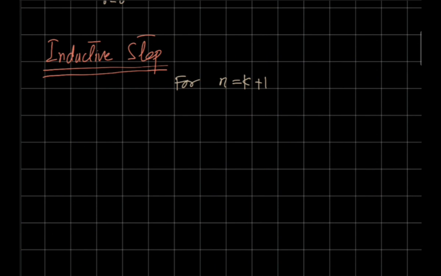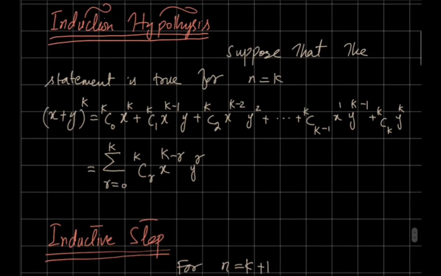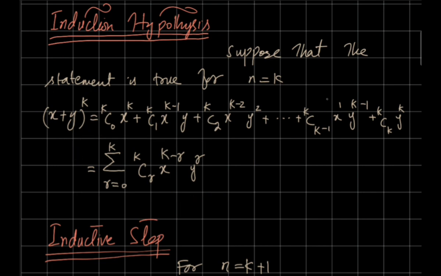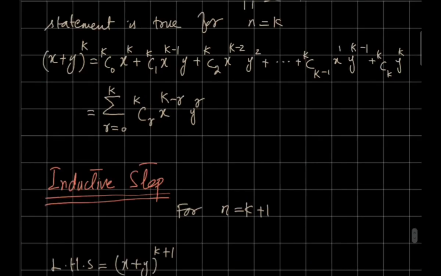So for n is equal to k plus 1, the left hand side is (x plus y) to the k plus 1. We can write this term in this way. We have assumed that (x plus y) to the k is the same as this expression. So here we have (x plus y) times (x plus y) to the k.